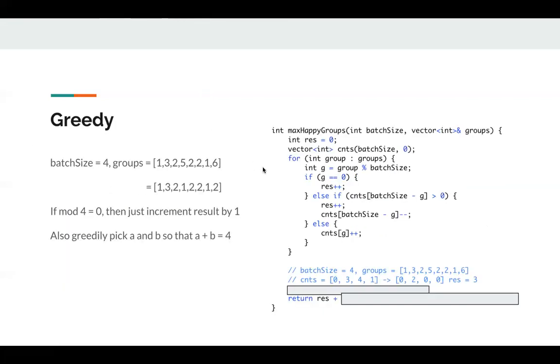Now we have counts, so we need to further process the counts. The counts mean how many groups have people whose mod batch size is 1. So for 0, 0. For 1, we have 2 groups. For 2, we have 0 groups. For 3, we have 0 groups.